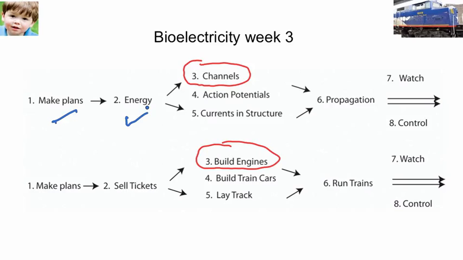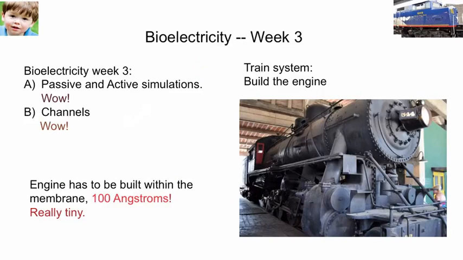Channels are really the engine that drives the train. They're where the voltages that are created across membranes are converted into currents that actually make things happen. So it is very sensible that our symbol for this week is the train engine, because really channels are the engine that pulls this train.